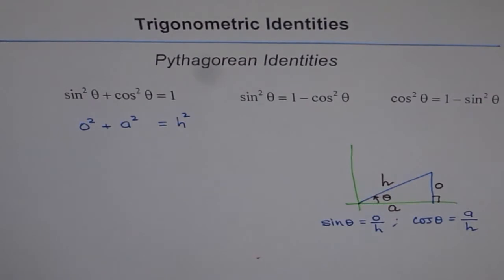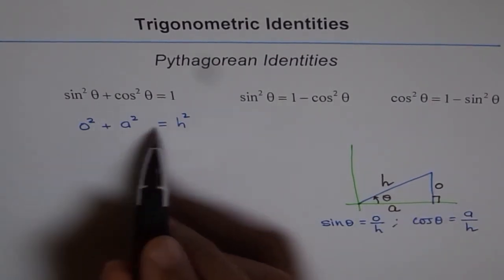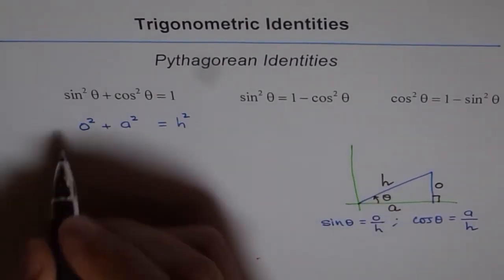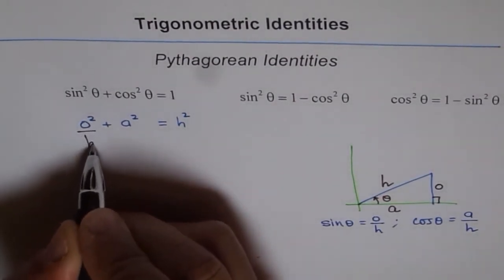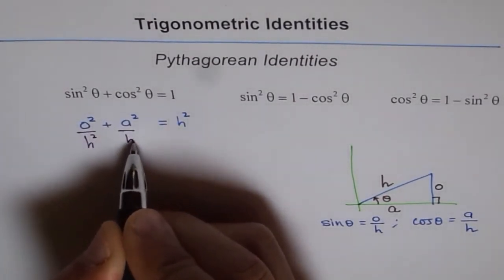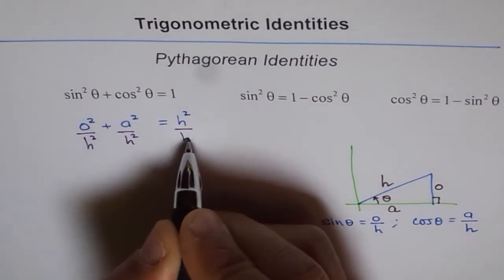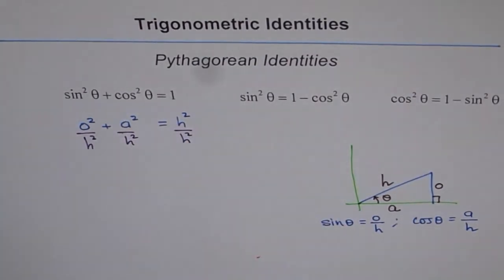Now, what happens if I divide this by hypotenuse square? We are just dividing both sides by hypotenuse square. You can always do that, the only thing is it should not be 0. You can divide by any number on both sides of an equality and get the same equivalent equation.